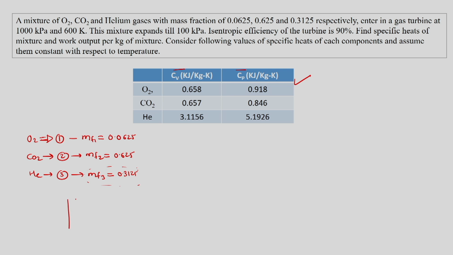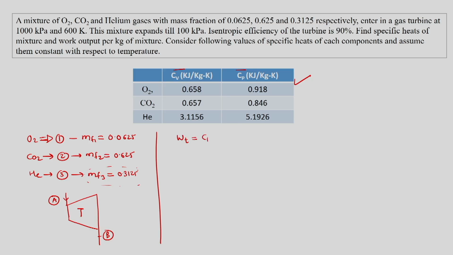Then we will sketch the turbine, and we can notice that this is what is happening. We know state A and we have to find out state B. This is the turbine. First, we know that turbine output is the difference in enthalpies, and enthalpy of a gas is Cp into T. So work done in the turbine is Cp of mixture into Ta minus Tb.